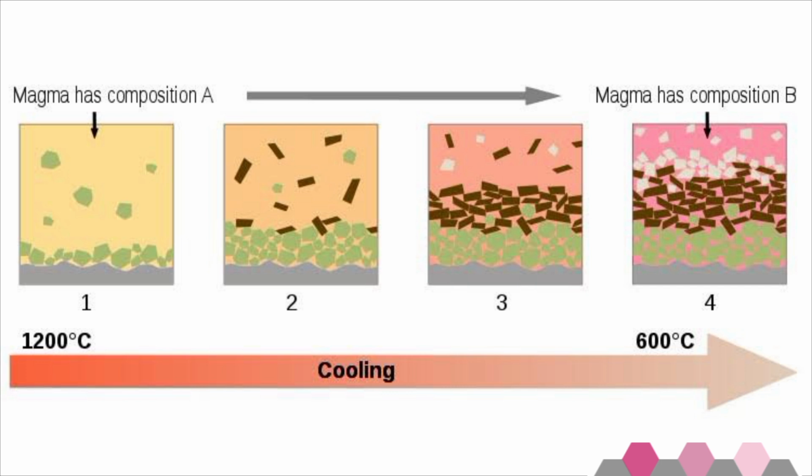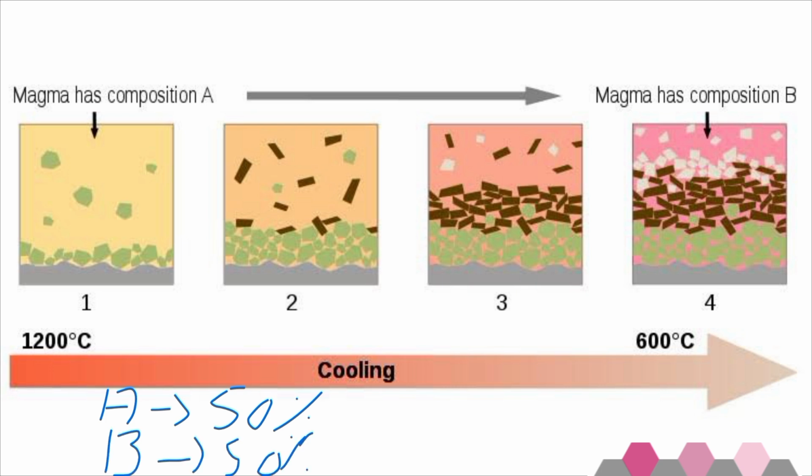A has 50 percent of the composition, and B has 50 percent in the magma. That is, A and B are in equal amounts.